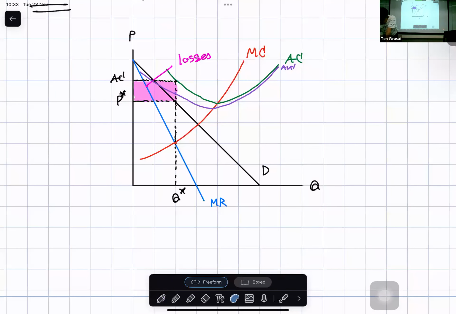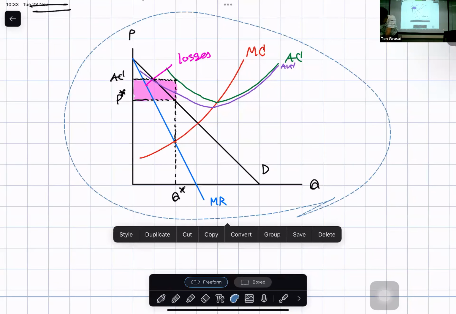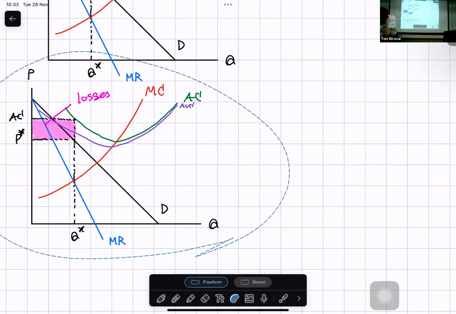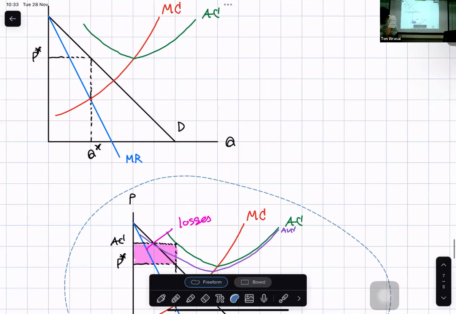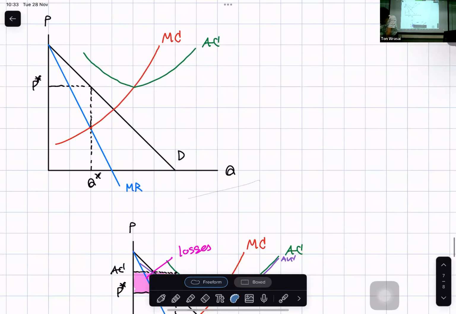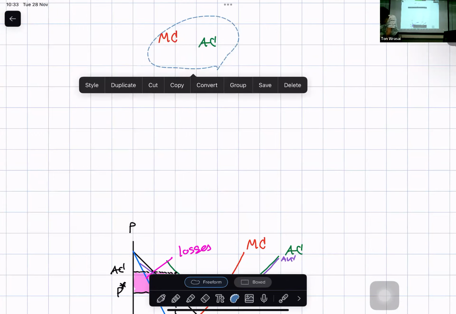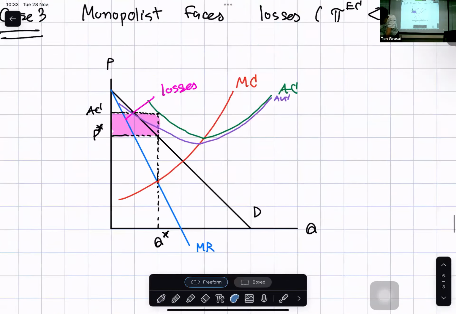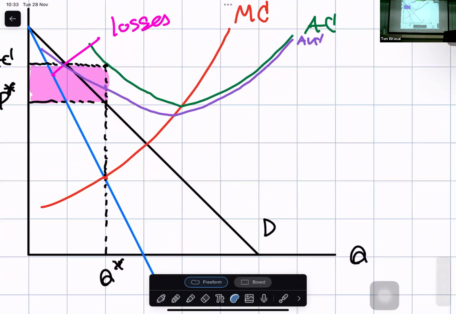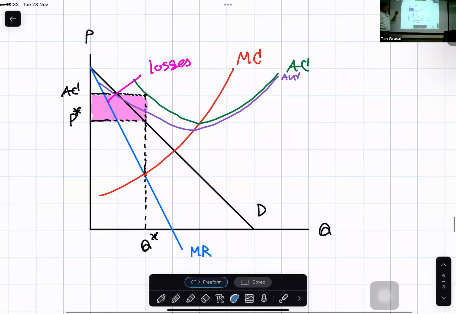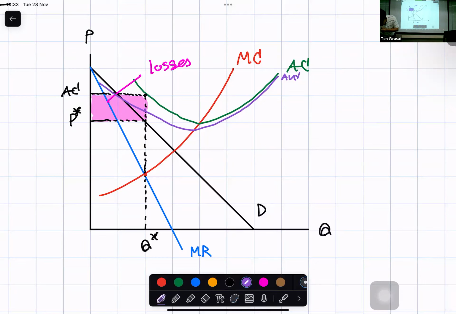Actually, I have to copy this one. Okay, this one is a difficult one.